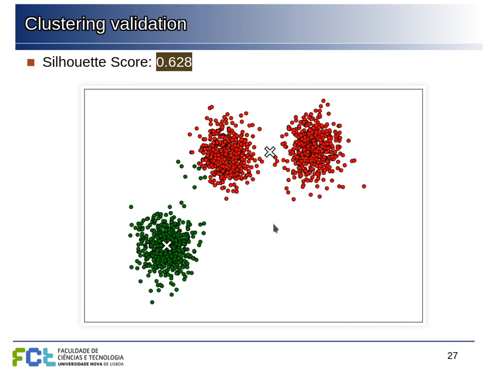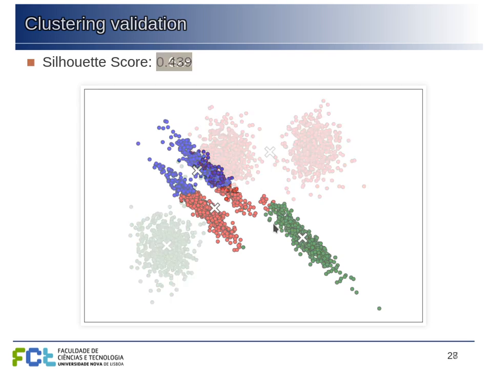So those A's and B's now change and we have a smaller silhouette score. So for this particular kind of clusters where you have globular clusters, the silhouette score can help you fine-tune these parameters such as the k value so that you get the best match between the k and the actual number of clusters that you would intuitively have in the data.